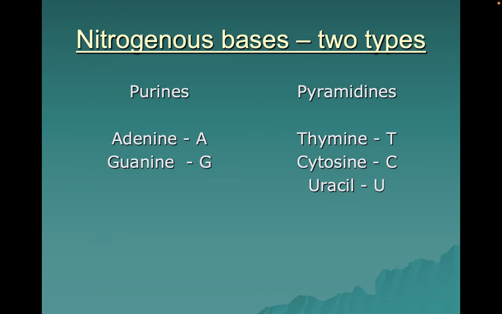But for distinction, I want you to also be able to use the terms purines and pyrimidines. There are 2 categories of nitrogenous bases. The first category is called purines, and these include the A and G bases, and pyrimidines, which include T, C, and U.